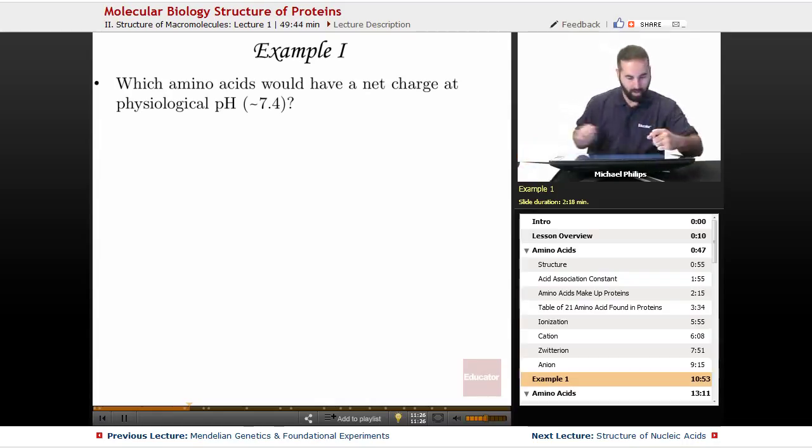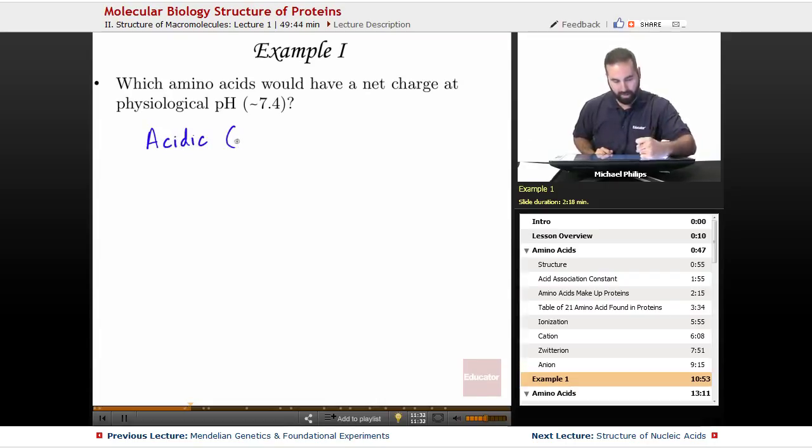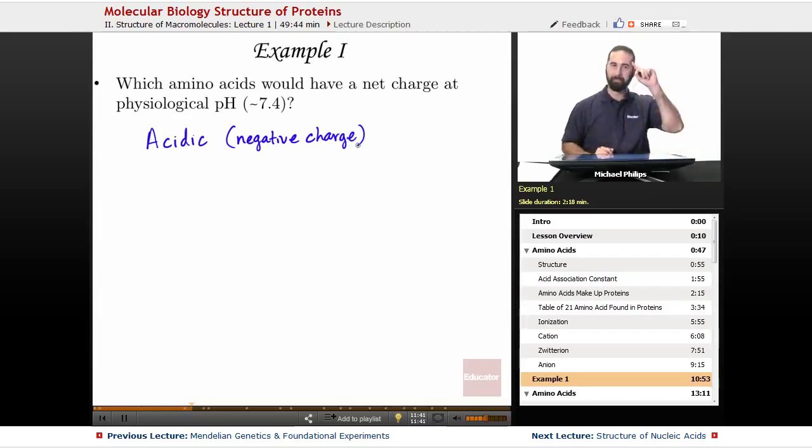So our acidic ones, otherwise known as negatively charged, which ones are they?